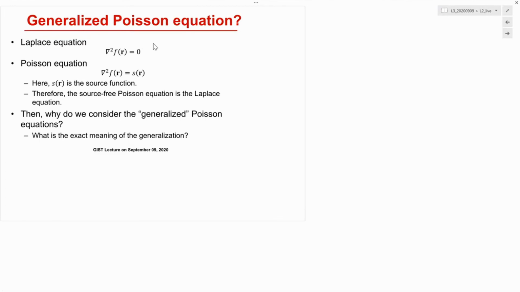But quite frequently, I will say Poisson equation. So you have to keep in mind why I call it the Poisson equation, although it is not strictly the Poisson equation.